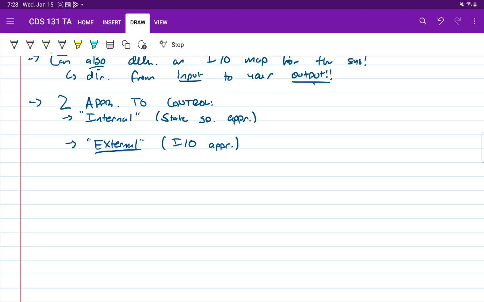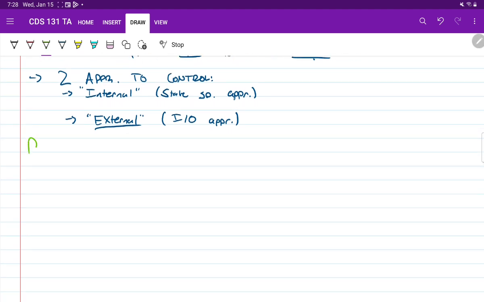Okay, so let me just provide a real quick review. Recall, what I'm going to talk about is how we compute the discrete time input-output map. A couple lectures ago, we built up the tools to derive the discrete time IO map.